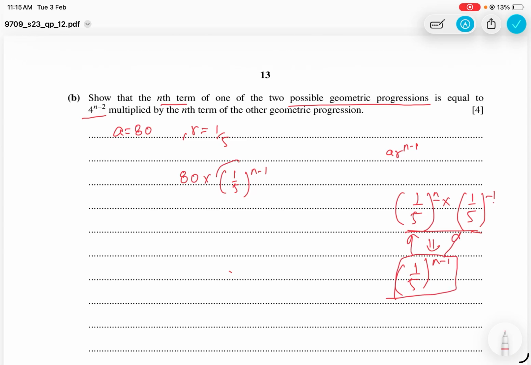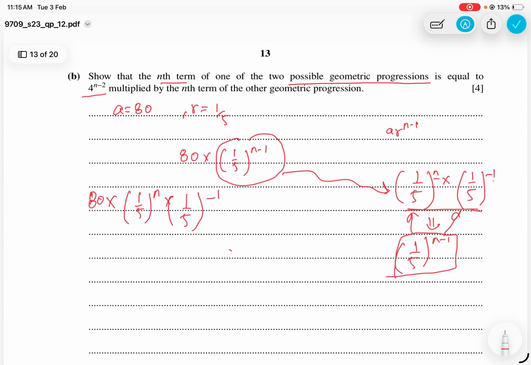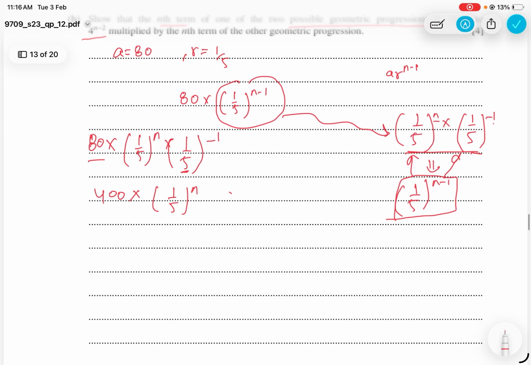So I'm writing this like this. So we will have 80 times 1 upon 5 to the power n times 1 upon 5 to the power minus 1. See, the power is negative, so we will take the reciprocal. So we will have 80 multiplied by 5, so we will have 400 times 1/5 to the power n.